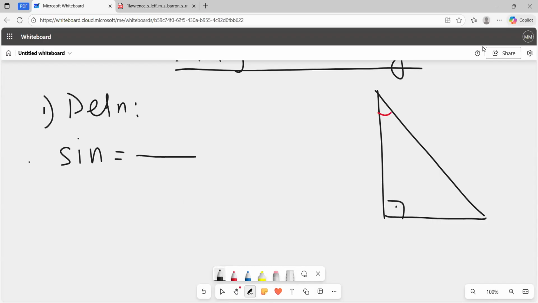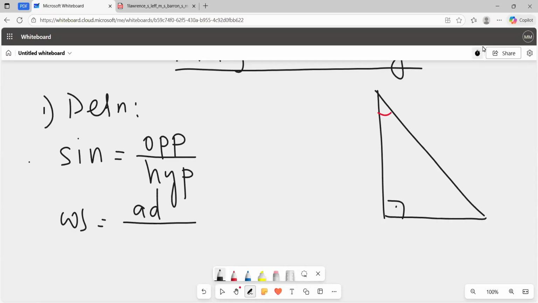Sine of this acute angle is equal to the ratio of the opposite leg to the hypotenuse, and cosine of this acute angle is equal to the ratio of the adjacent leg to the hypotenuse.